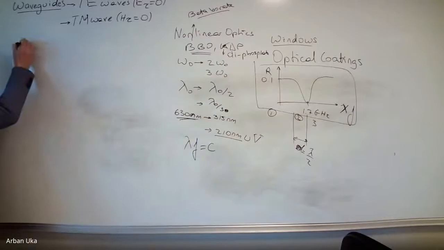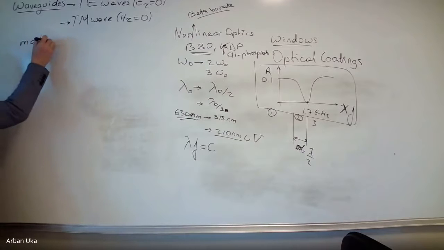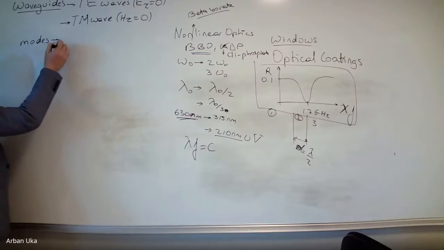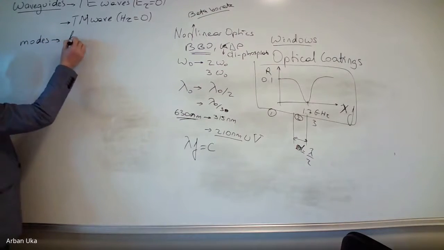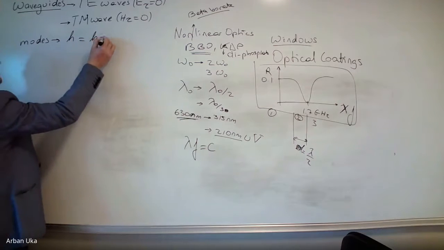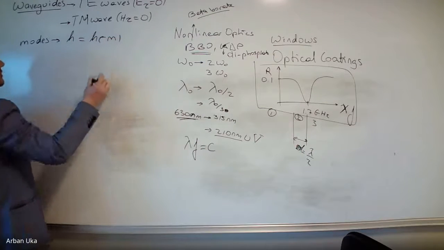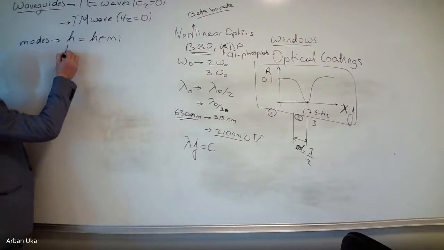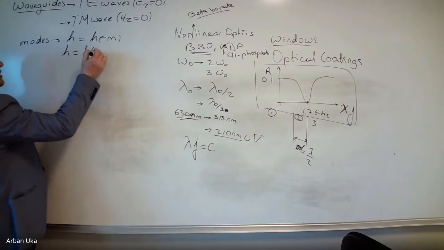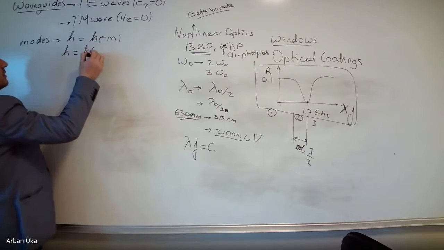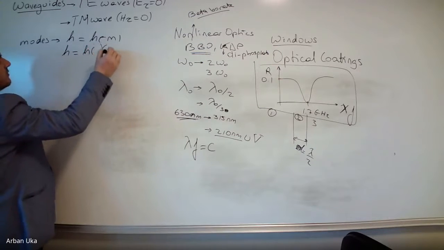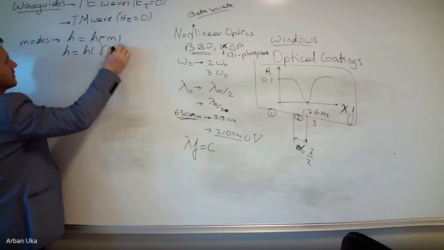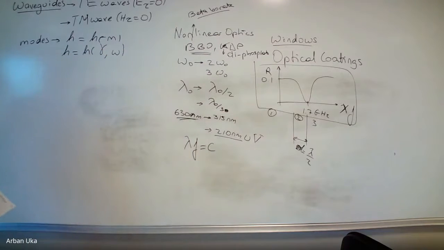So we had modes for either one of those, which were described in the dependency of the H factor as a function of m. So this H is a function of the propagation gamma and the frequency of the wave.